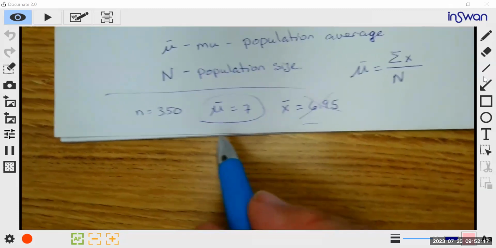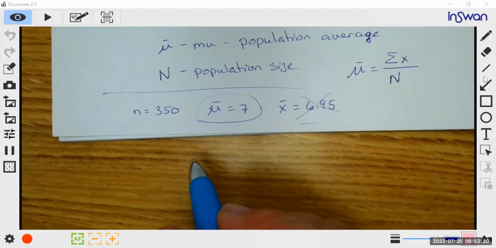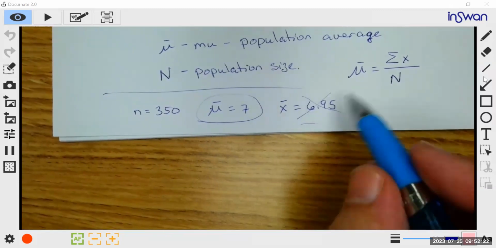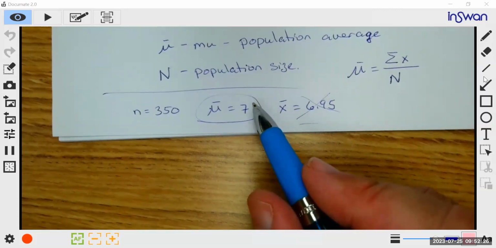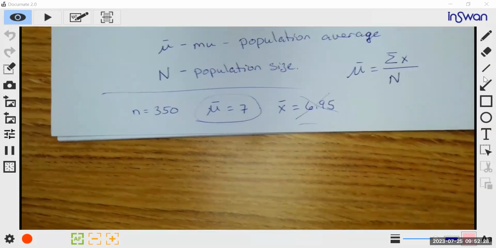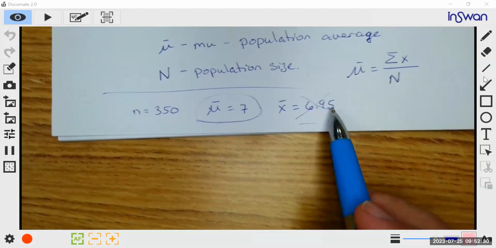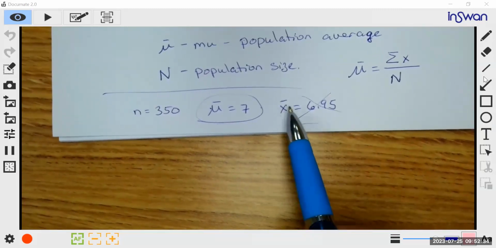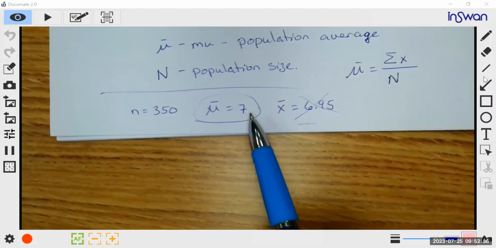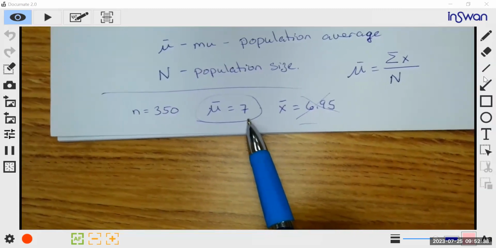Population is always more accurate than a sample. Because remember, a sample is trying to approximate a population. Population is the population. So just because it looks more impressive doesn't mean it is. It's just not enough information. But the average you're looking at is 7, whatever the numbers are.